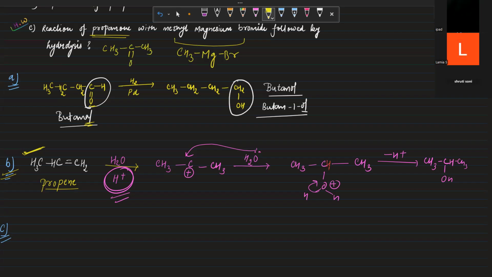Is this propanone? Yes or no? Think about this. You can take your time. You need to analyze the thing first, and after that you are able to solve organic reactions. Do I need to change any position of carbonyl or anything else?